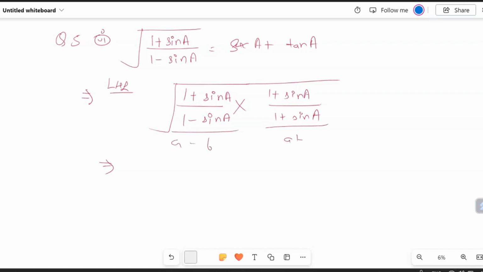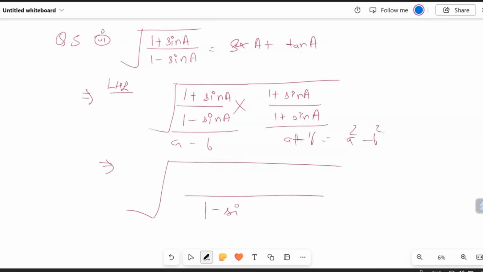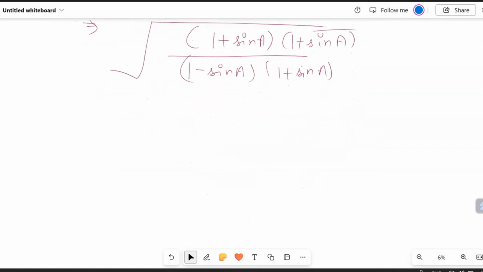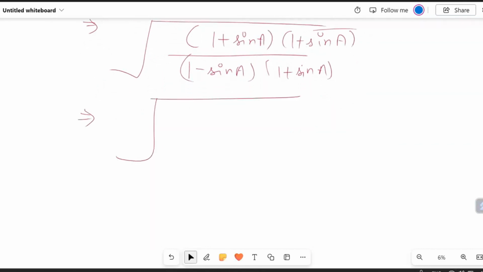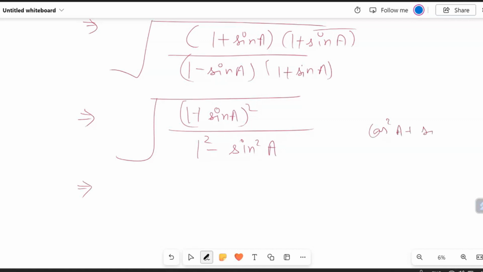When you multiply it by a number, this will become your identity, and it is called rationalization. A minus B and A plus B, that you can write down A square minus B square, okay? So under root, 1 minus sine A, 1 plus sine A will multiply each other, and above it is 1 plus sine A multiply 1 plus sine A. So in the next step, 1 plus sine A, 1 plus sine A will be 1 plus sine A whole square divided by A minus B, A plus B, that is your 1 square minus sine square A. So this is again identity, cos square A plus sine square A is equal to 1.